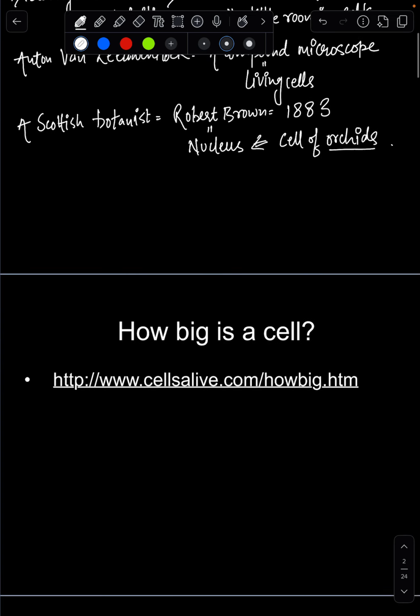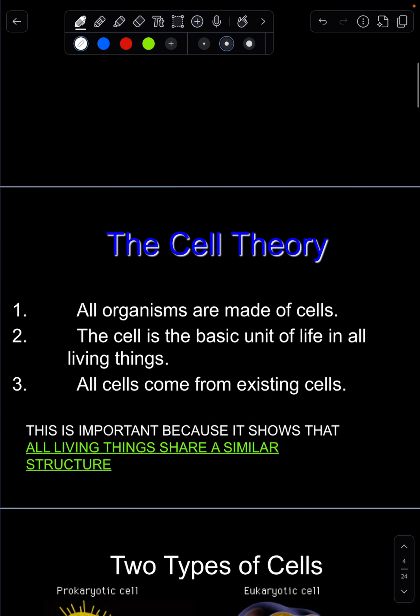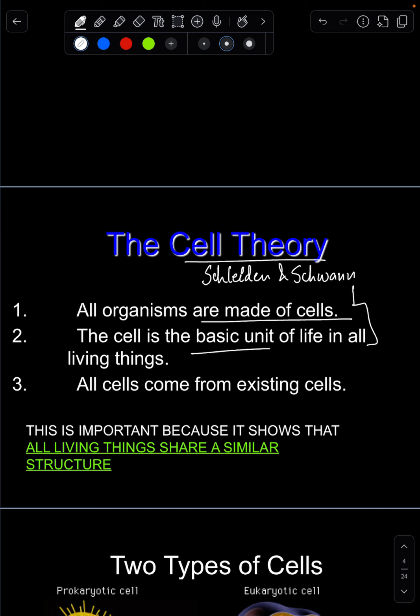So after the discovery part of it, we will see the characteristics and the cell theory which was given. The cell theory was given mainly by two scientists named Schleiden and Schwann, two biologists who gave two theories that all organisms are made up of cells, and the cell is the basic unit of life in all living things.